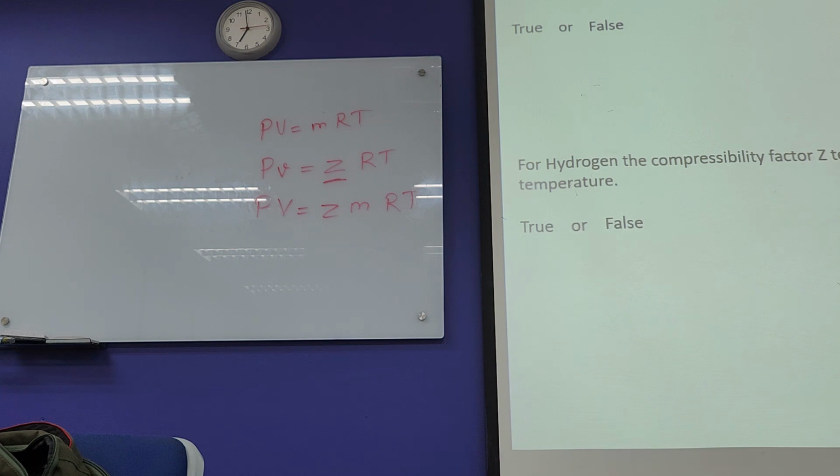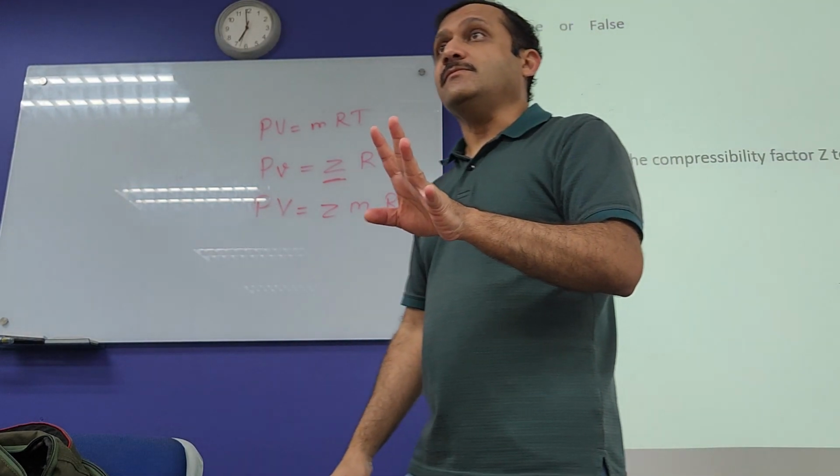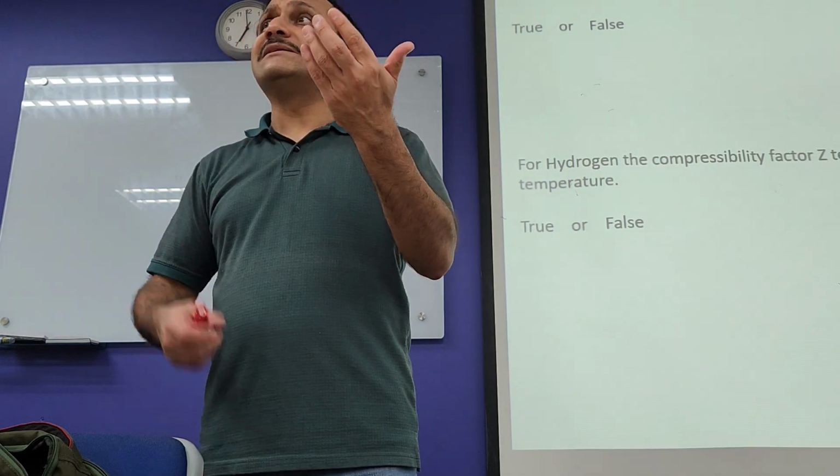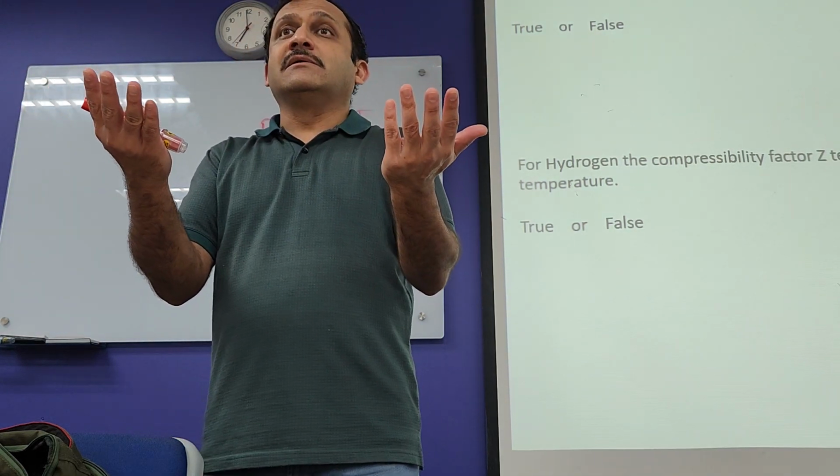When will Z tend to unity? The question is saying that for hydrogen, the compressibility factor will tend to unity if pressure is approaching 0. Not exactly 0, it will never be 0. We're talking about absolute pressures, not gauge pressure. Everyone understands the difference between absolute and gauge, right?